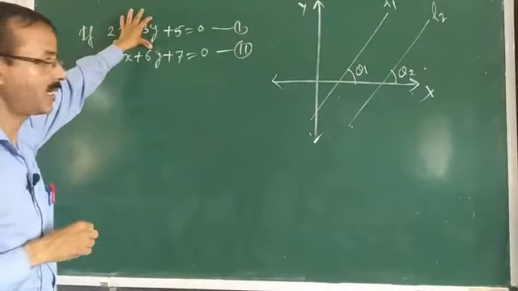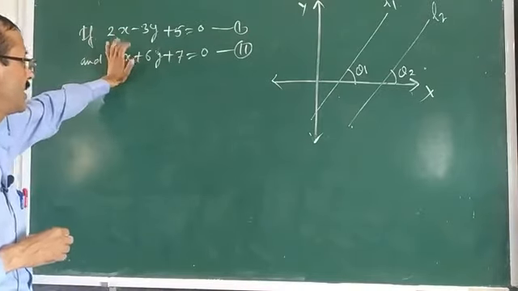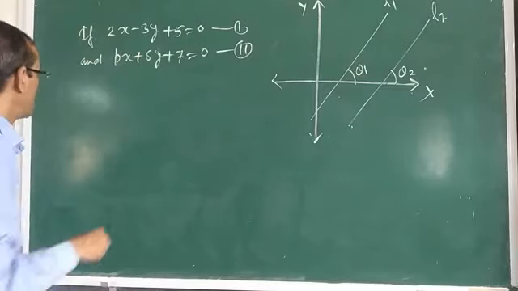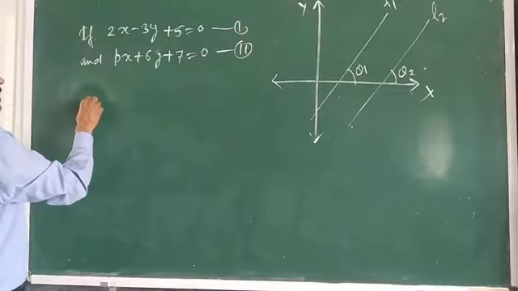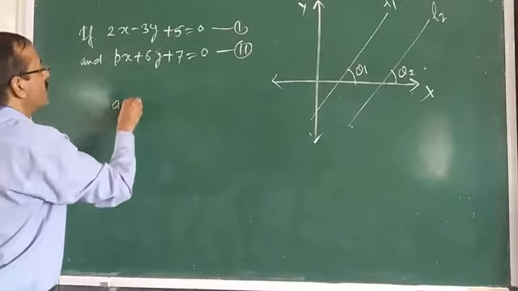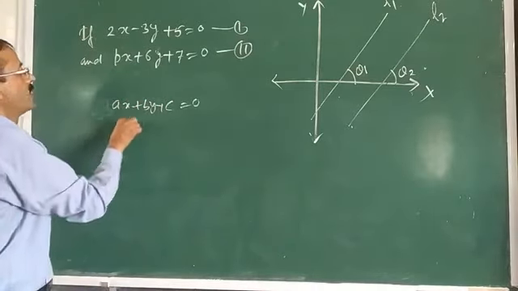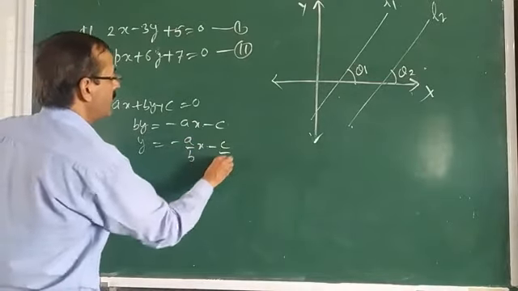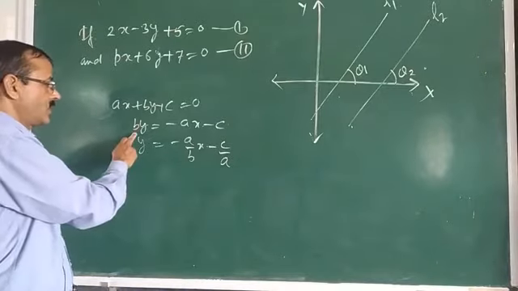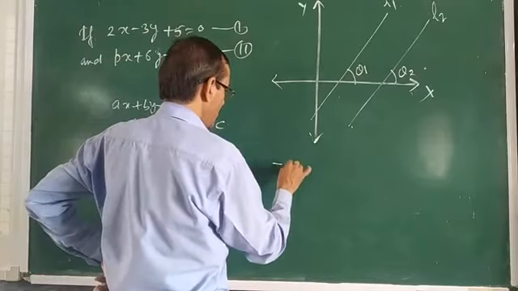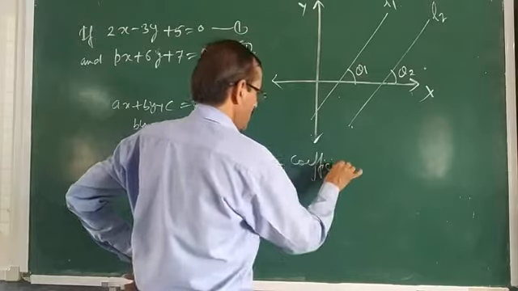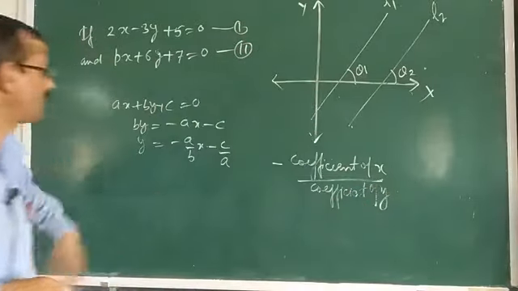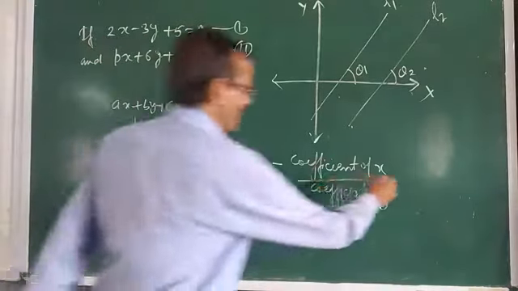To find the slope of the first line and second line, one formula I taught, you will remember: minus coefficient of x upon coefficient of y. There were two methods: y is equal to ax plus b, or ax plus by plus c is equal to 0, so by is equal to minus ax minus c, y is equal to minus a upon b x minus c upon a. So b is the coefficient of y, and you write minus coefficient of x upon coefficient of y. Remember this formula.